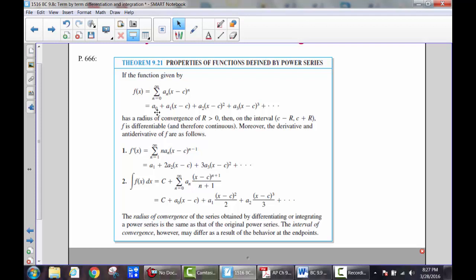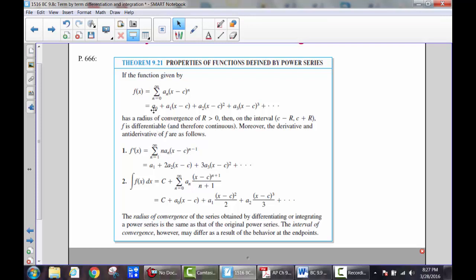So really, when you take the derivative, you have 0 plus, and then this is a_1 times x minus c, so the derivative of that is a_1 times 1, and there's your first term. And that's why it begins at 1. Would it be wrong to start it at 0? Not really, because if n started at 0, this would be 0 times something, and then who cares what, because it'll end up being 0.